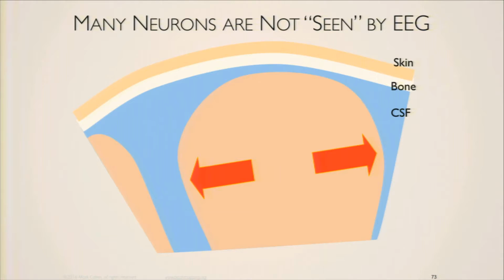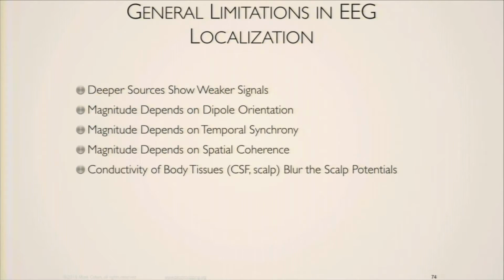The EEG is problematic in so much as if you have two sets of neurons which are on opposite sides of a cortical fold, they're going to be self-canceling at the surface, which is sort of a drag. There are some other issues with EEG. For example, the signal falls off very, very rapidly with distance, falls 1 over the square of the distance.